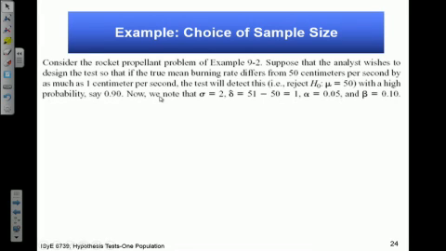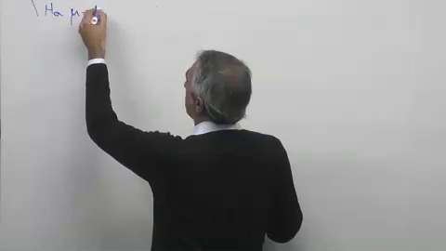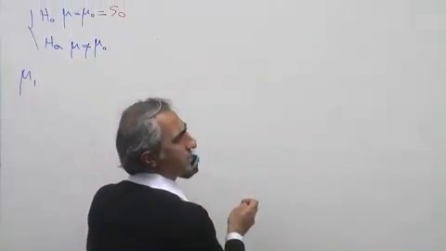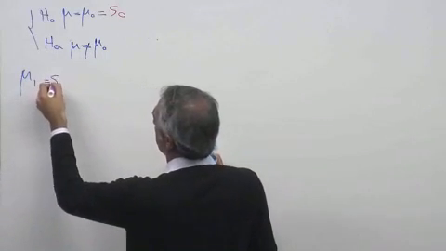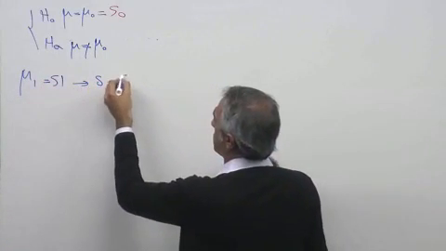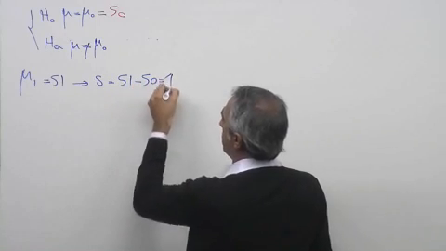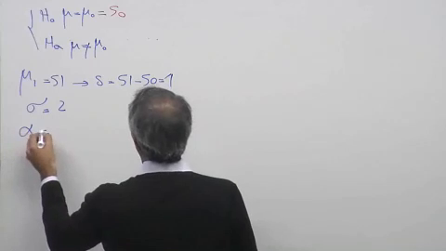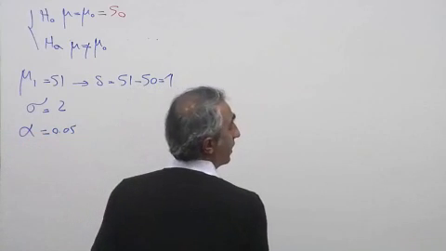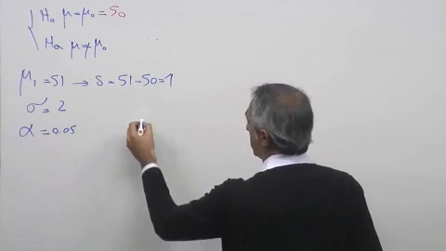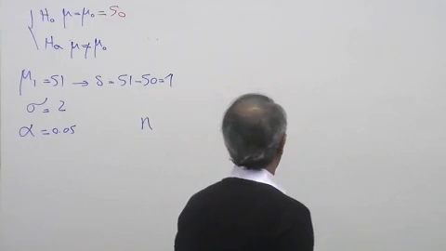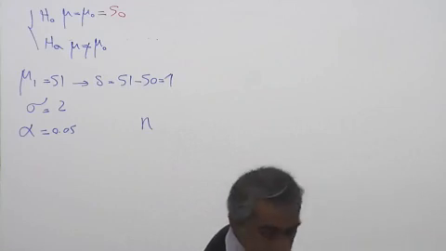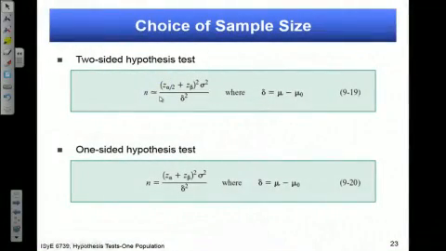H alternative is mu is not equal to mu0, and mu1 here is 51. Therefore, your delta is 51 minus 50, which is 1. Your sigma is 2. Your alpha is 0.05. And what you need to do is find n, the sample size. This is two-sided.